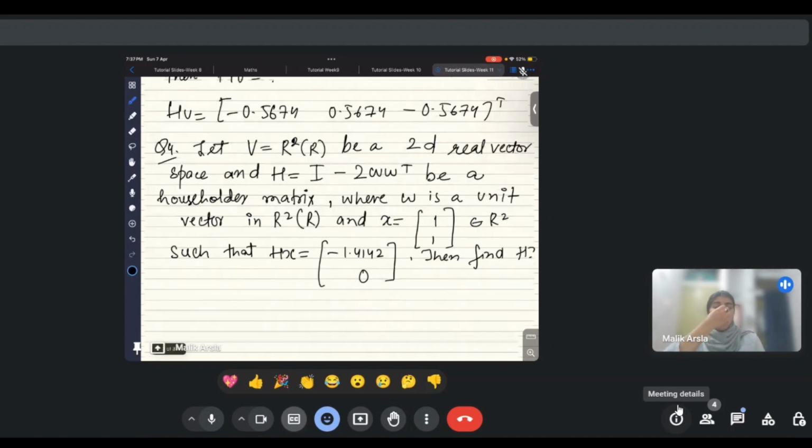So here you have been given Hx and you have to find H. In the previous question, W was given and from W we could calculate H, and then we could find Hx. But here you have been given the values of Hx and X, and you have to find H. How do you do this type of question?